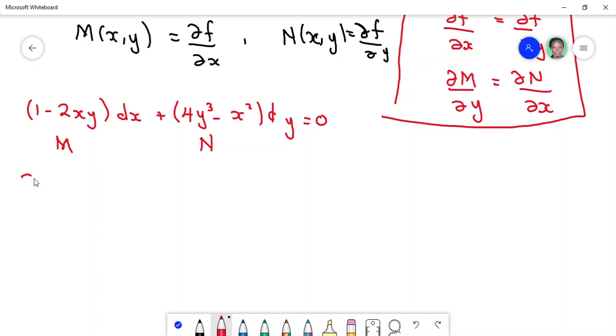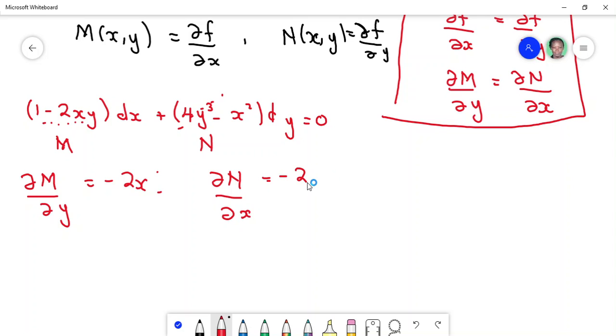N. So let's find the partial derivative of M with respect to y, which is going to be equal to minus what? 2x. Then the partial derivative of N with respect to x: this goes to 0, so I have minus x squared. If I differentiate, what do I have? Minus 2x.